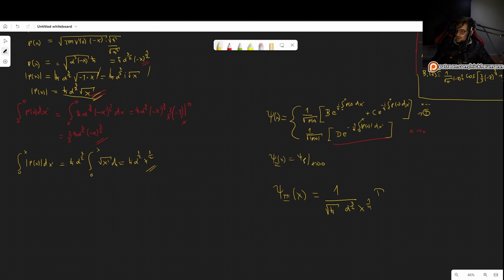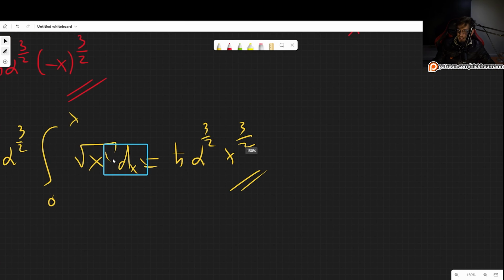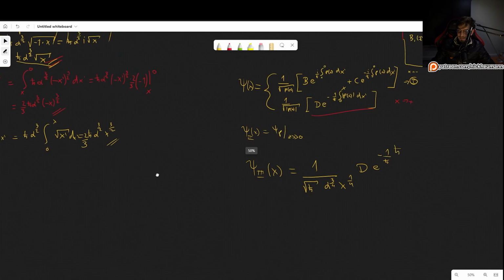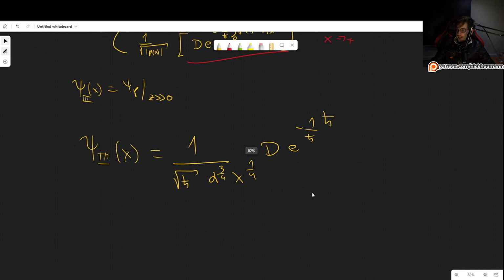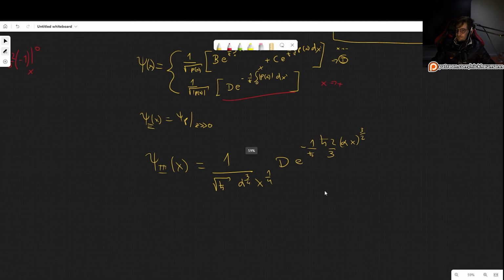And then we get e to the minus 1 over h bar, and the integral that we have right here. So we get h bar. Oh, we forgot about the 2/3 here, by the way. I will add a comment there in the video so that you guys know. So I forgot about the 2/3. Okay, so 2/3 and then alpha x to the 3/2.